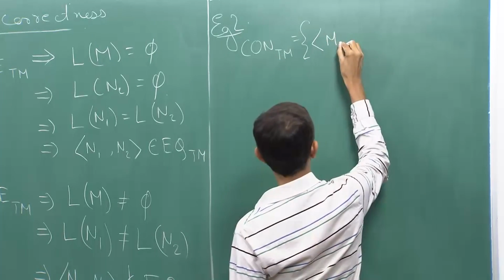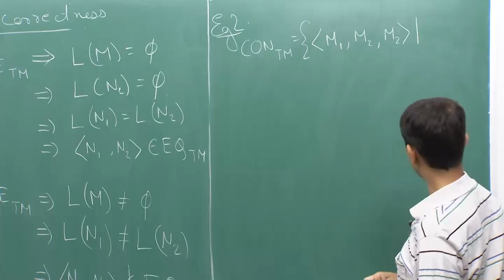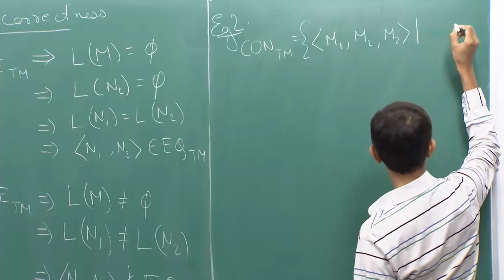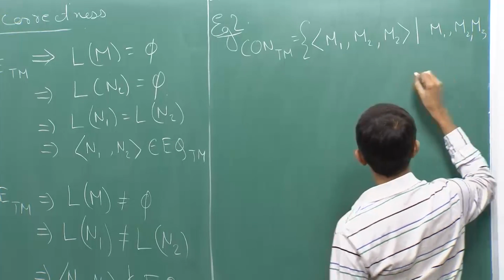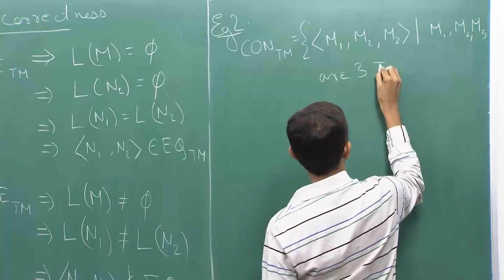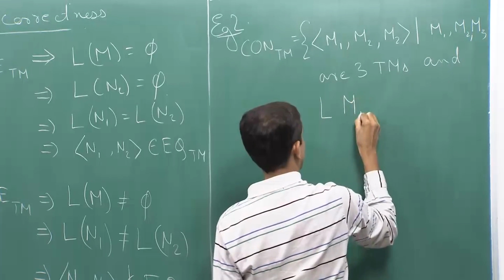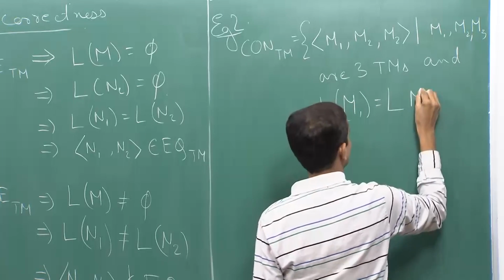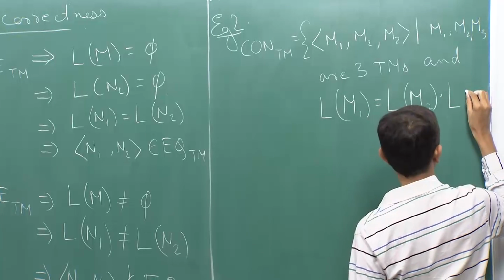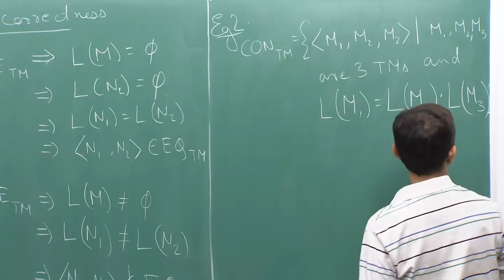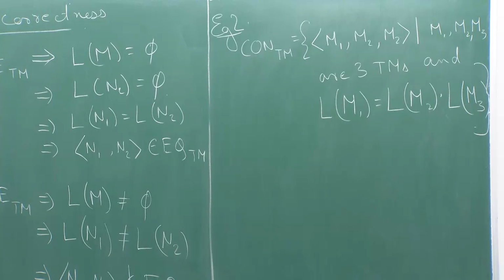It consists of encodings of 3 machines M1, M2 and M3, which are 3 Turing machines, and the language of M1 is equal to the language of M2 concatenated with the language of M3.